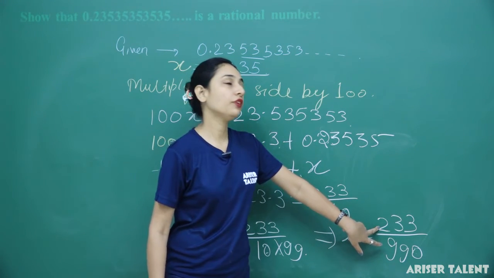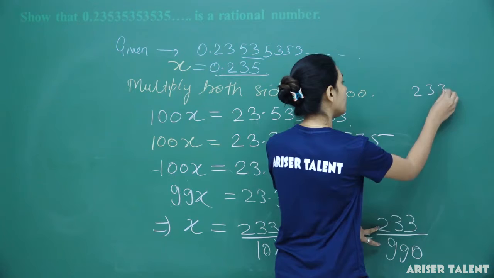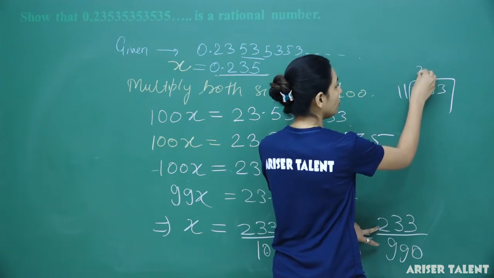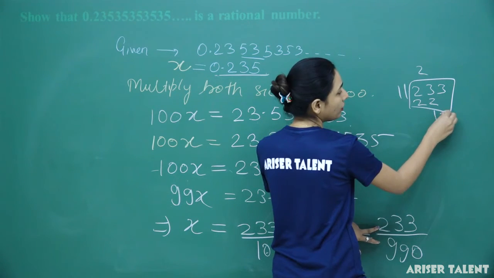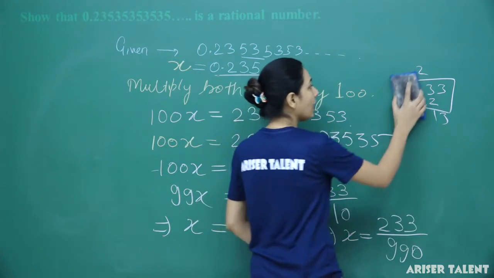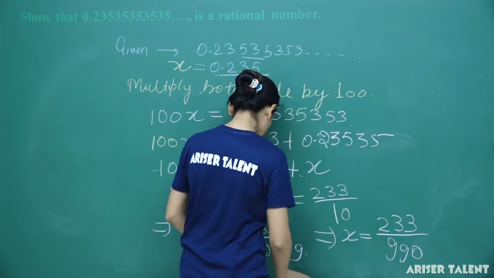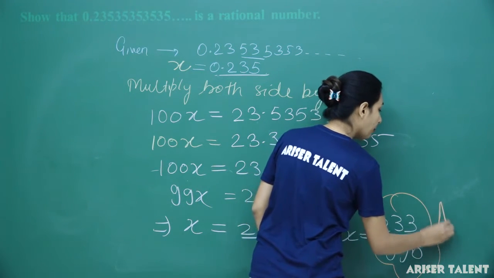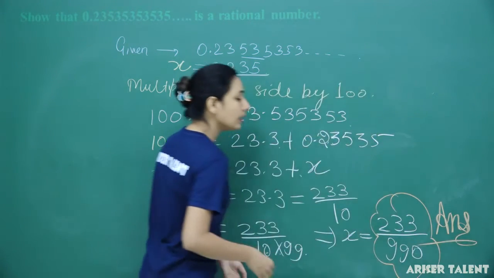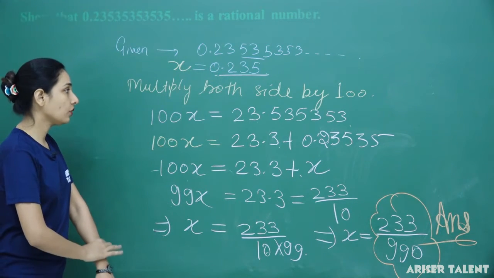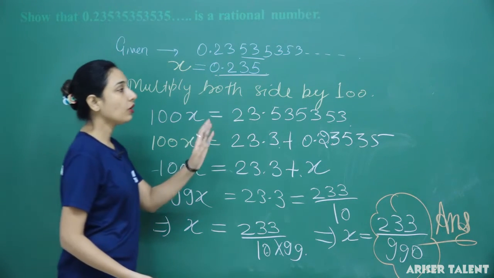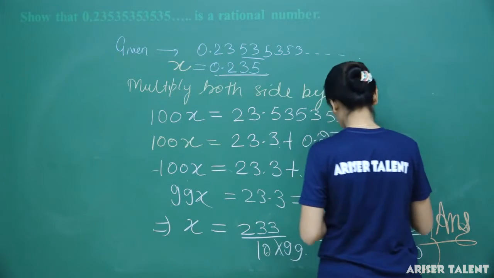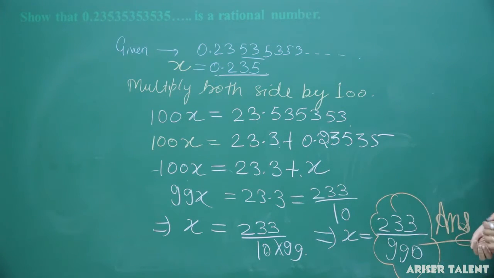Now 11, if it works for 11, 233 by 11, 2s are 22, 1 3, no. So basically it is not having any common factor, so your answer will be this only, 233 by 990, okay. So we have talked about the 3 questions we have discussed today, okay, noted.